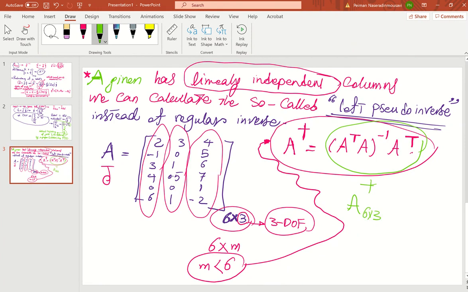Now because it's left, I have to multiply it from the left side. If I multiply it by A, which is 6 by 3, what is the result going to be?